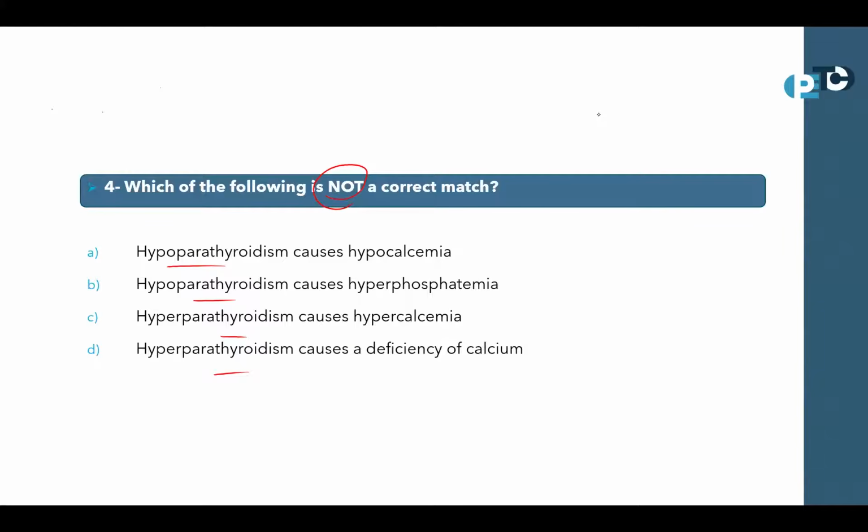But before that, let us see the relationship between parathyroid hormone and calcium. Parathyroid hormone is like vitamin D in its action. It will lead to three mechanisms, all of them leading to increasing calcium. Increase absorption from the GIT.